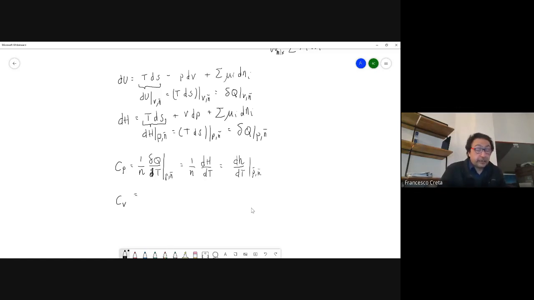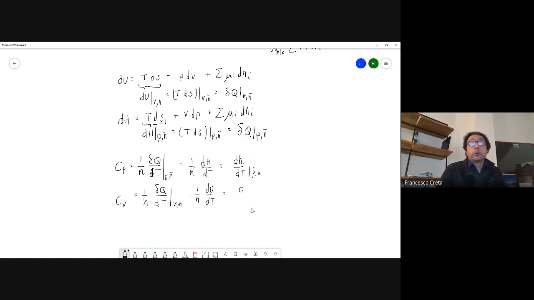Cv is defined as, again, the heat exchange by unit mass and by temperature at constant volume and number of moles. And again, we're using now not the enthalpy, but the internal energy.